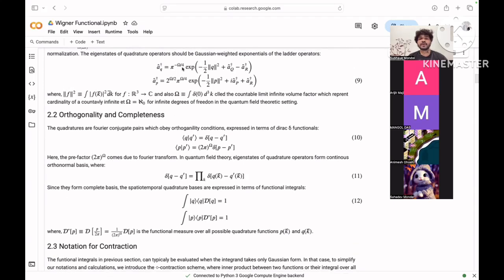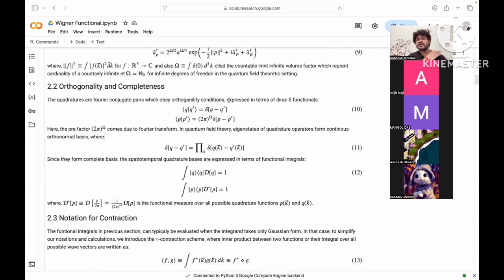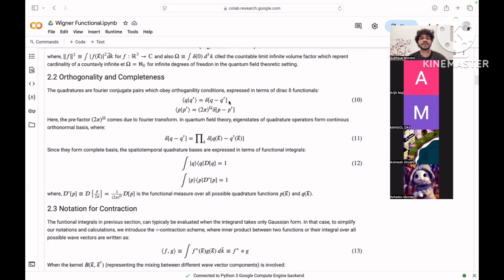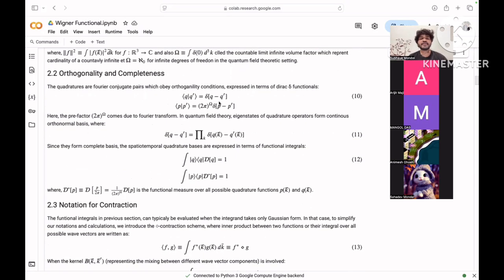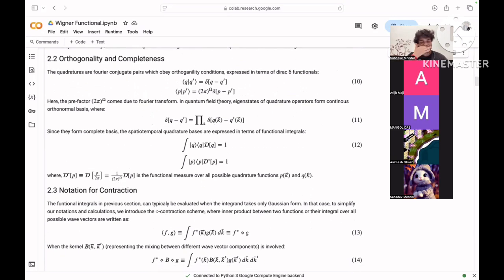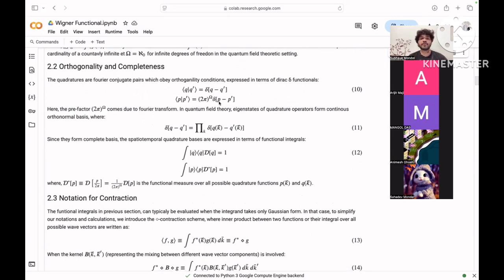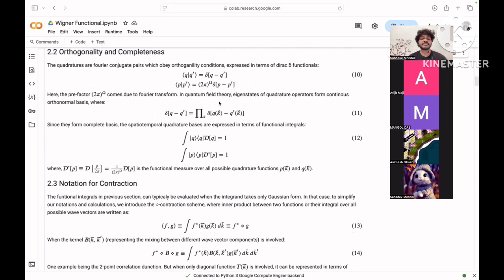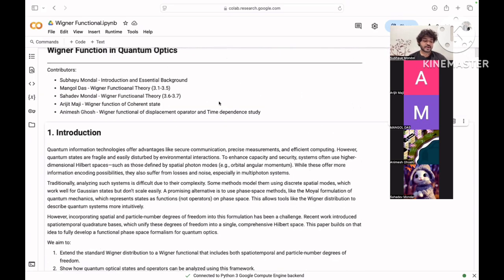And also, in the normalization constant, we have omega, defined as the integral of delta 0 at d3k. This is called the countable limit infinite volume factor, which represents the cardinality of a countably infinite set. Now we also want to see the orthogonality and completeness relations that these quadrature operators satisfy.